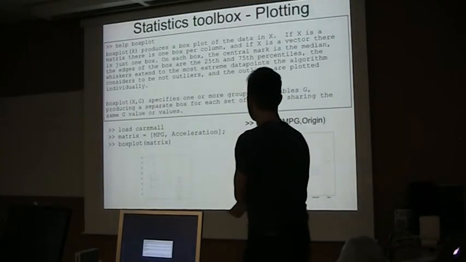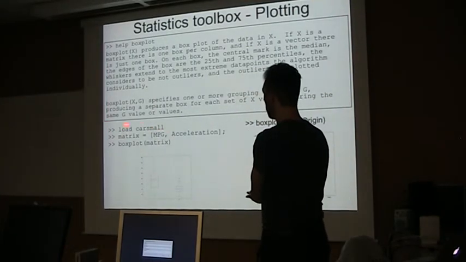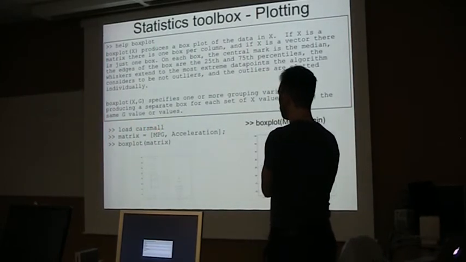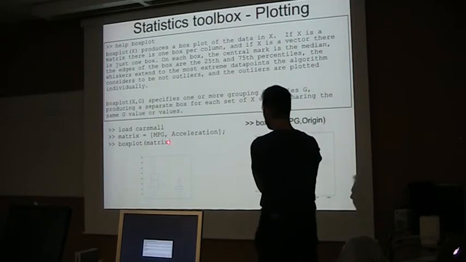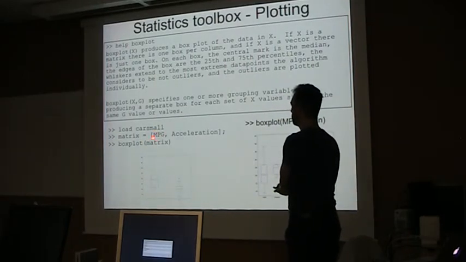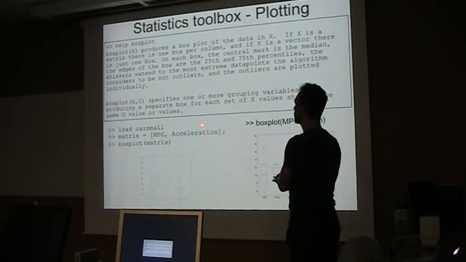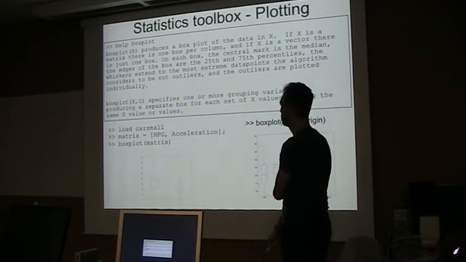For example, here I loaded the built-in data carsmall, and I put miles per gallon and the acceleration and concatenated them. These are two, I guess, columns which come with carsmall.